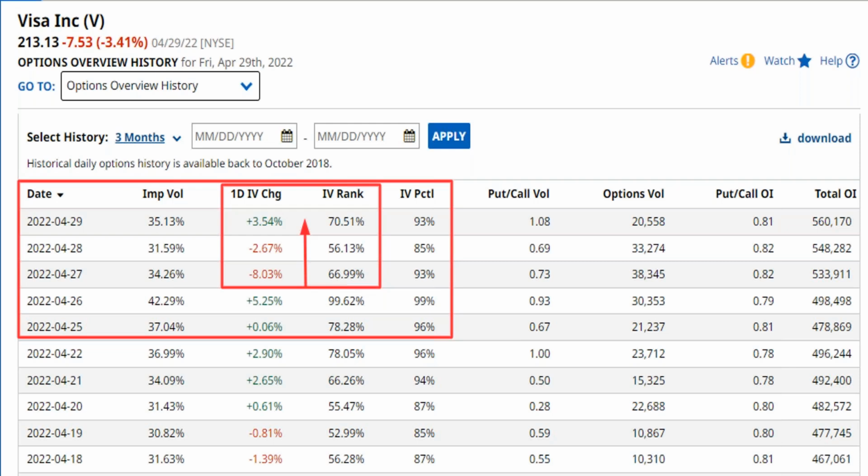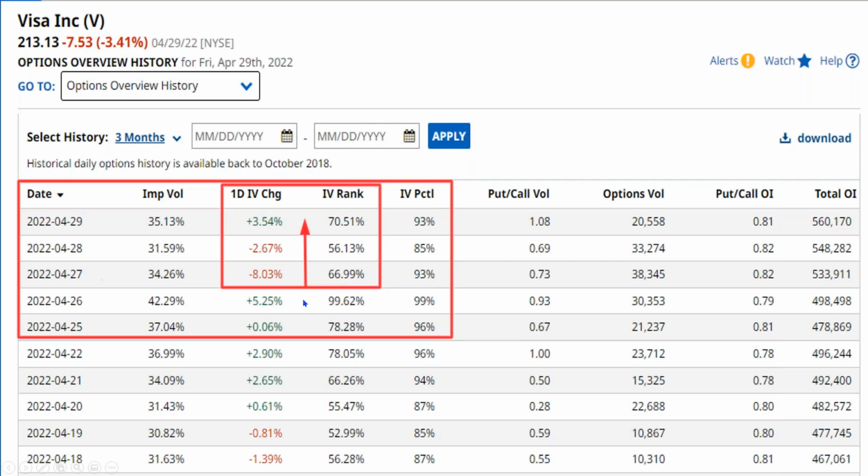But after the earnings report is released at the end of the day on the 26th, in the case of Visa, notice that our implied volatility fell. That's that volatility crush, and this is where this strategy can be employed. It's what we want to see, that implied volatility fall.